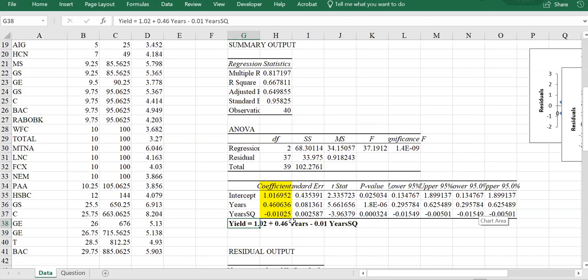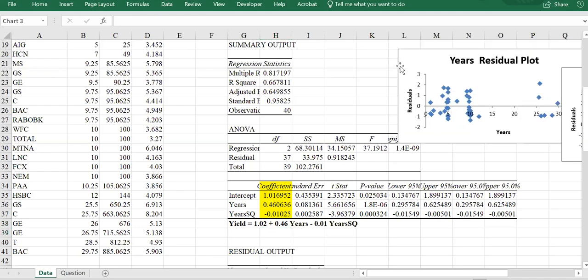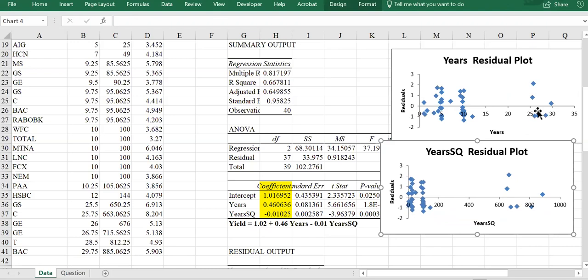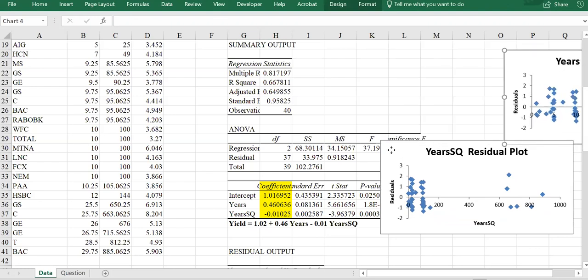Now we have the quadratic equation, and we check the p-values and the necessary conditions, the residual plots. Both of them look beautiful: we have symmetrically distributed residuals around 0 with constant variance, so that's okay.